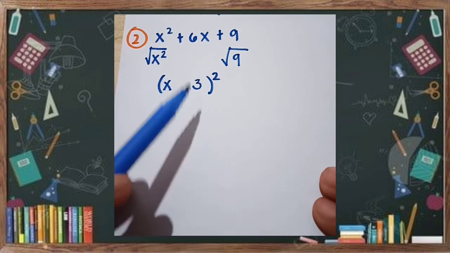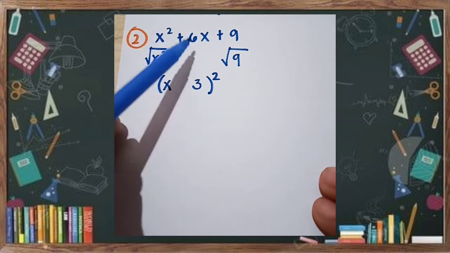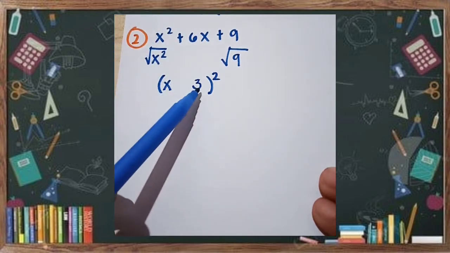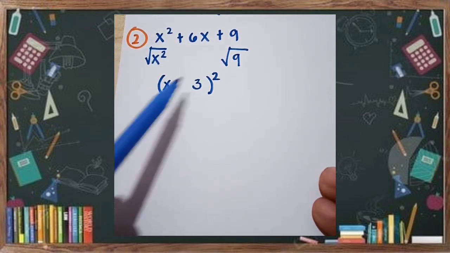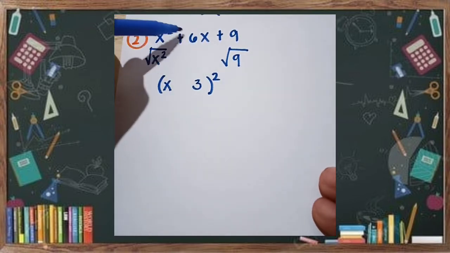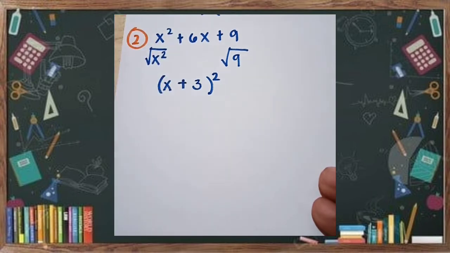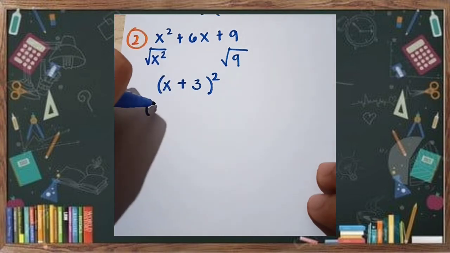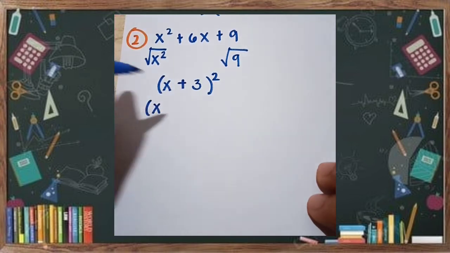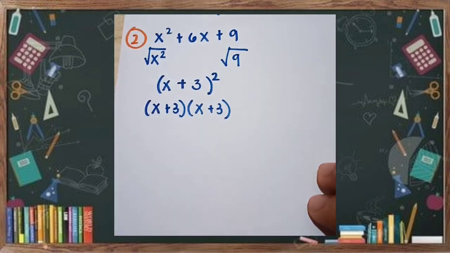Then, test natin kung kapag pinag-multiply natin tong dalawa, then times 2, 6x ang sagot. Okay, so 3 times x ay 3x, times 2 ay equals to 6x. Since ang sign ng middle term or the second term is positive, therefore positive yung ating ilalagay dun sa side ng ating square of a binomial. Kaya ang factors ng ating perfect square trinomial ay x plus 3 times x plus 3.